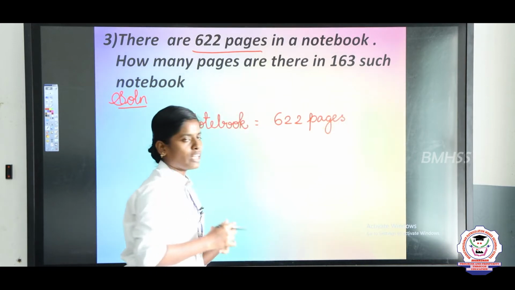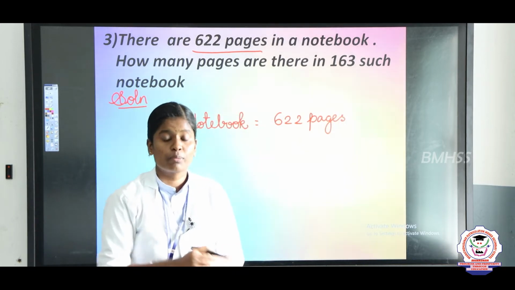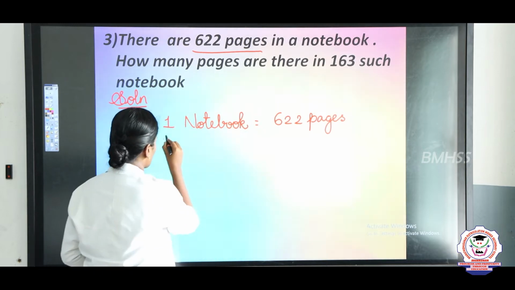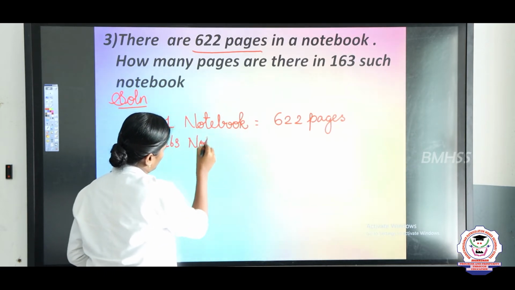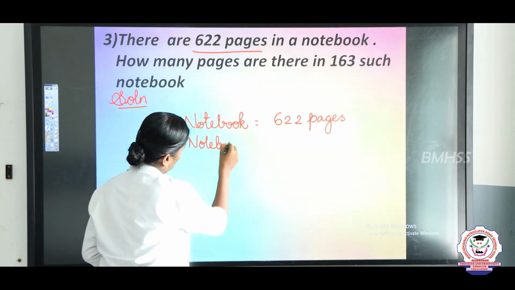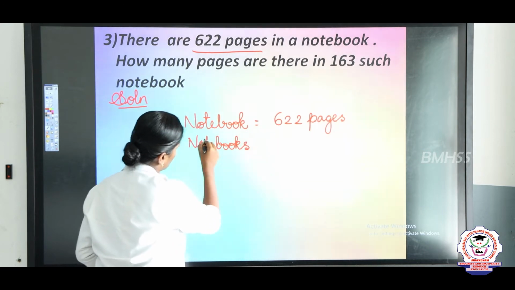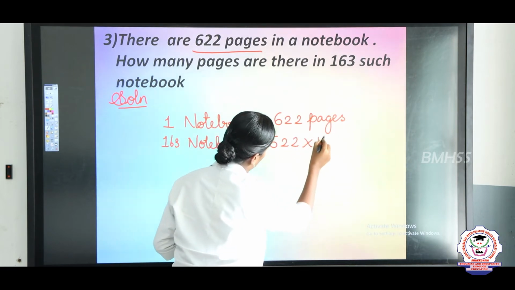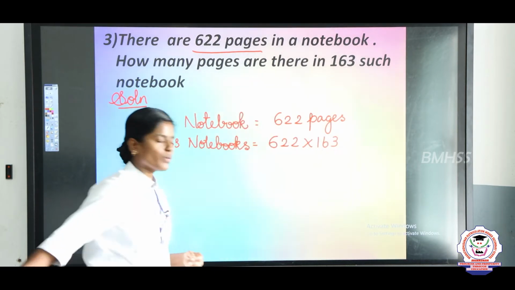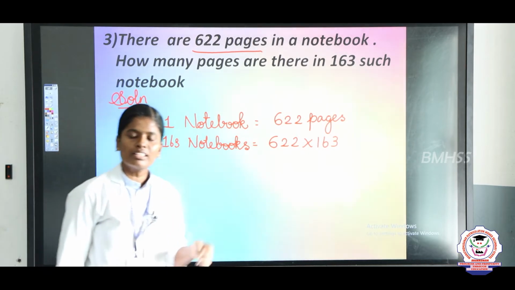Now we are going to find 163 notebooks. 163 notebooks equal 622 multiplied by 163.